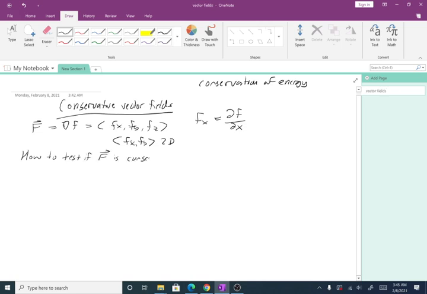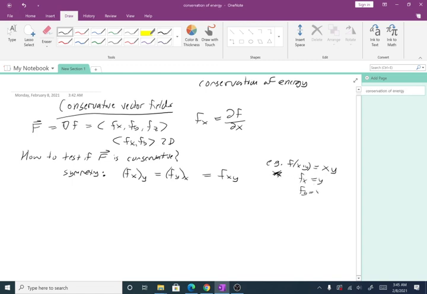And what you actually do is use the symmetry of the derivatives. So there's the symmetry: fx with respect to y is also equal to fy with respect to x. And both of these are just equal to fxy, right? I mean, this is just saying that if you have the example f of xy equal x times y, then fx equals y, fy equals x.